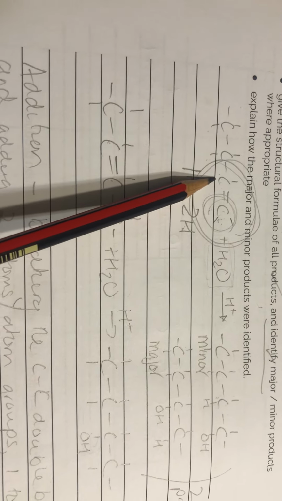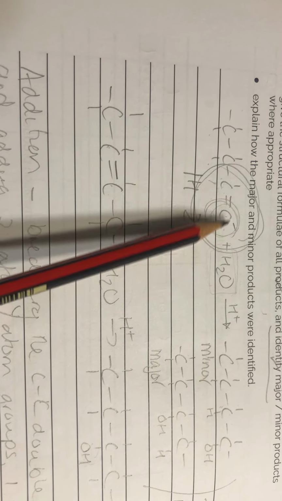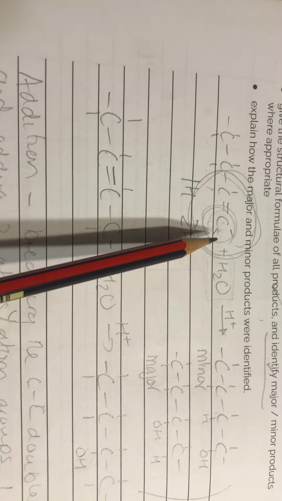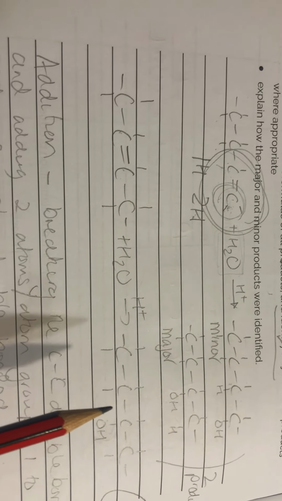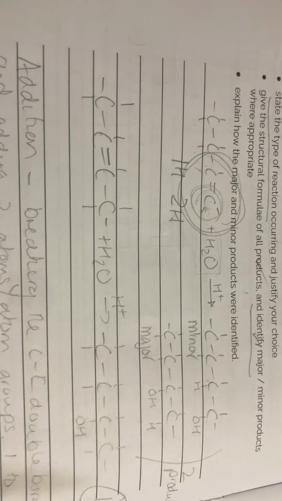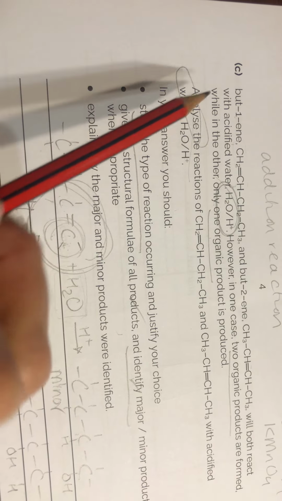We're going to say in this original alkene, when we broke the double bond, the double bonded carbon that started with more hydrogens will get another hydrogen to form the major product. It hasn't actually asked you to state why this one forms 2 products and this one forms 1, but I think that's a clear implication in the question, and it says to analyse the reactions.